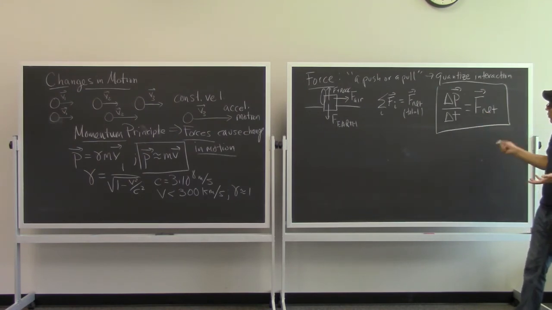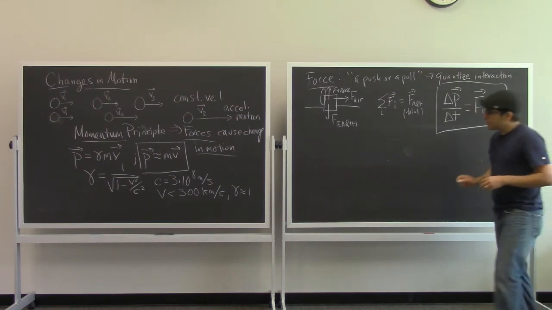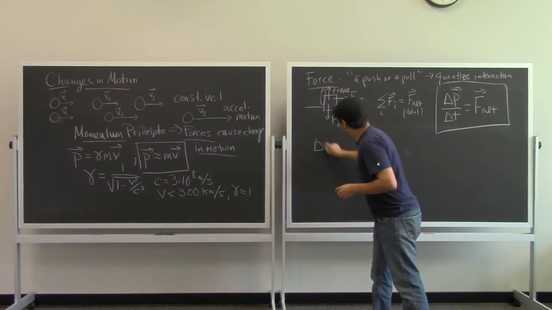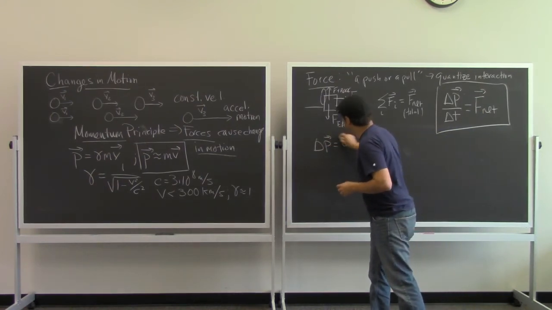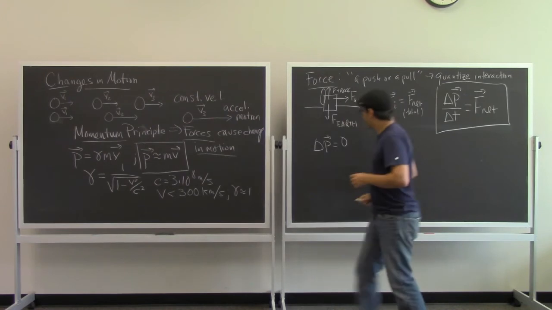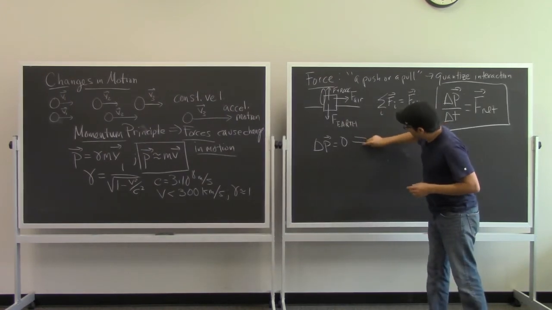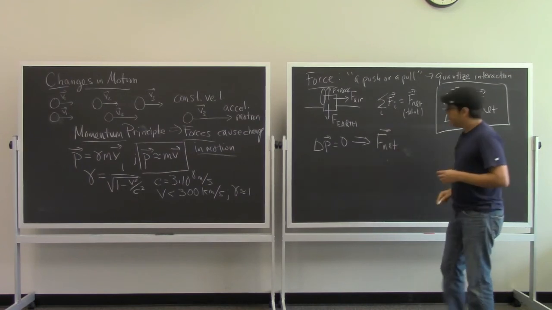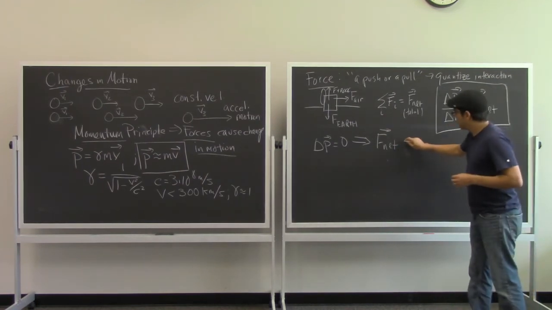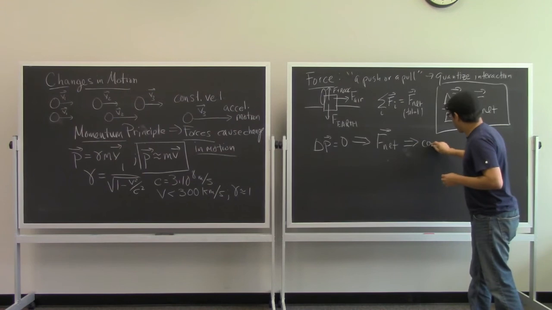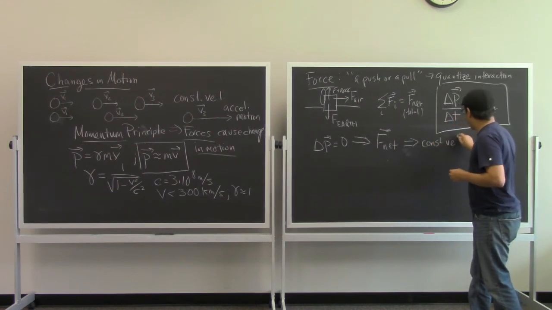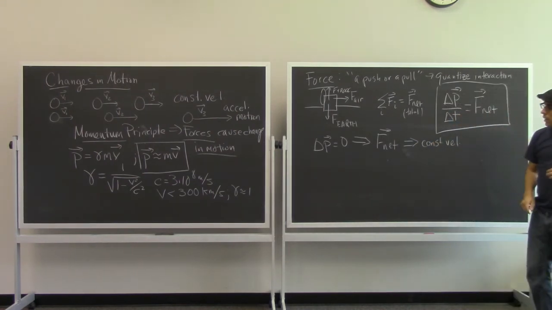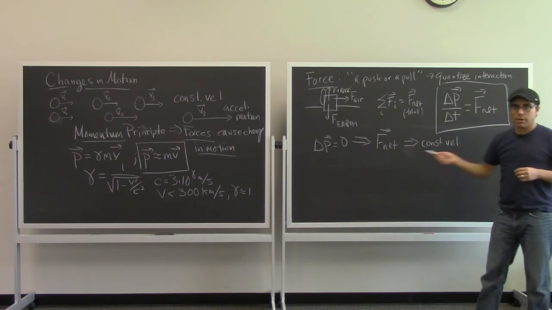So a couple of things that we can look at for this. First off, if you have an object whose momentum does not change, like the first situation that we had up here, that implies that that object experiences no net force. It'll move with a constant velocity. Now, I've drawn these arrows in one direction.